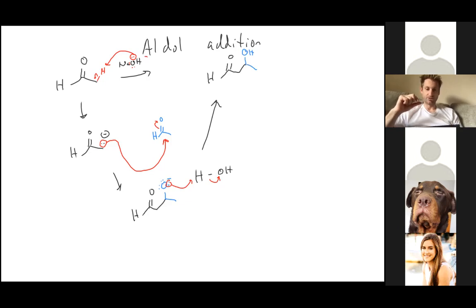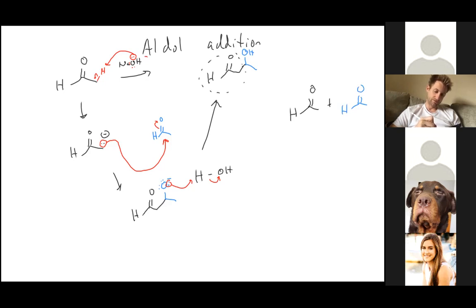So it's made up of two components. Both of them were originally our starting aldehyde here. I'll draw one of them in black, the other one in blue. The one that was in black ended up attacking the one in blue.